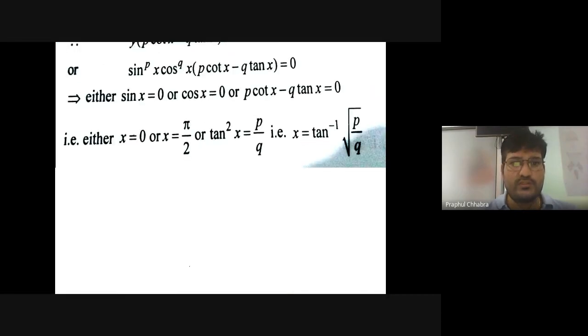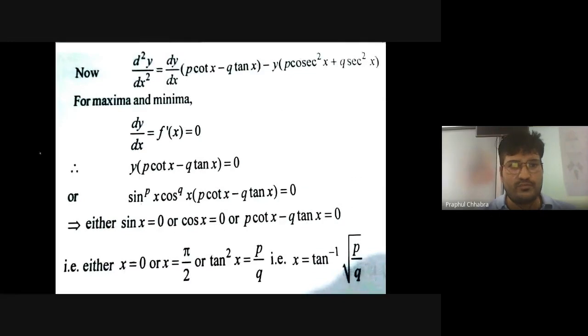So we put first order derivative is 0. It means y times of p cot x minus q tan x is 0 because this is the first order derivative. Put the value of y here, which is in the question, sin raised to the power px, cos raised to the power qx, and p cot x minus q tan x as it is, which is 0.